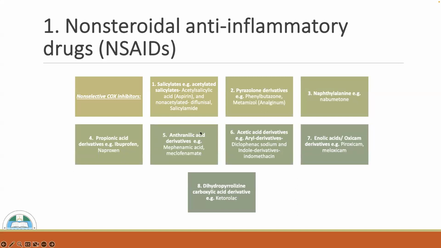Then there are the anthranilic acid derivatives like mefenamic acid and meclofenamate. There are also the acetic acid derivatives, which have two, the aryl derivatives like diclofenac sodium, and the indole derivatives like indomethacin. There's also the enolic.